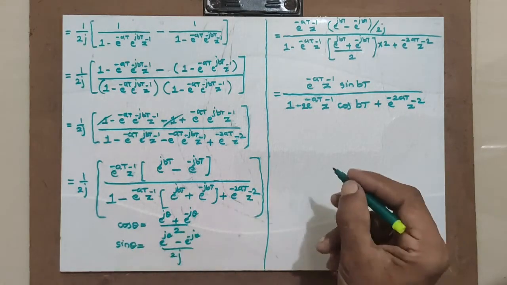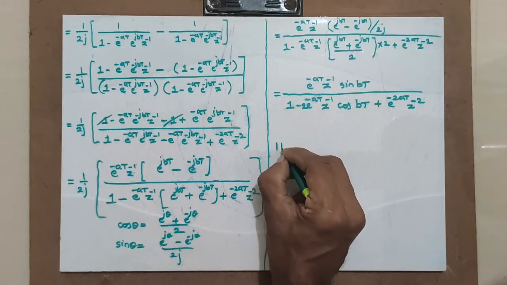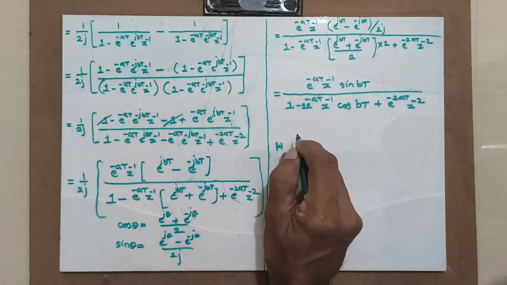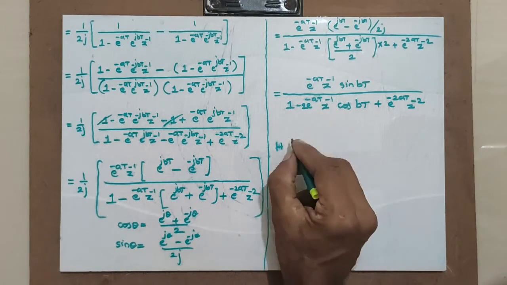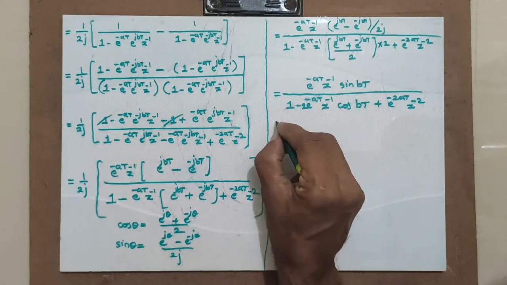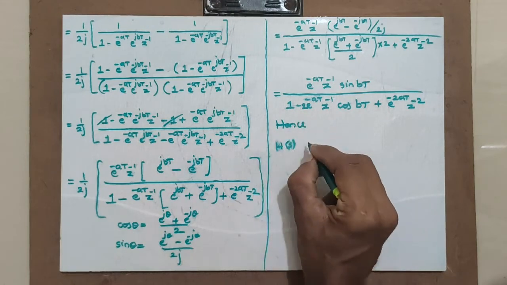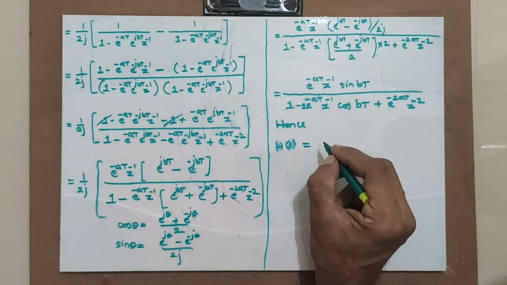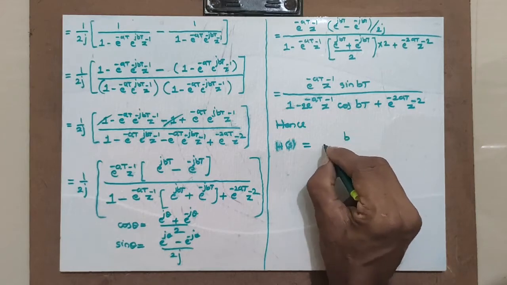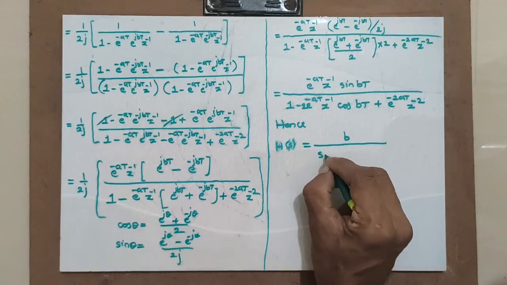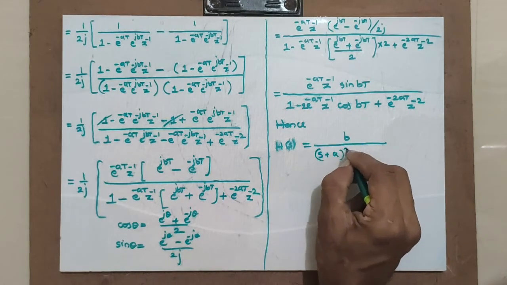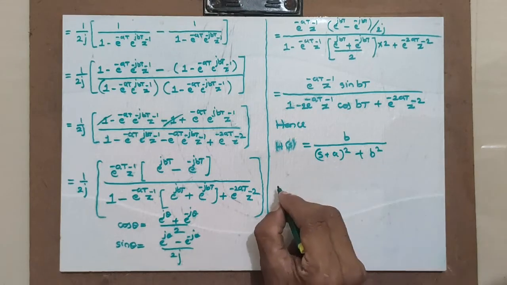Hence, you have proven that for the given H of s, if it is of the form b divided by (s plus a) whole square plus b square, then what is the corresponding H of z?